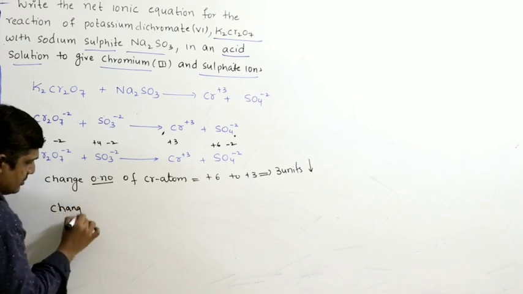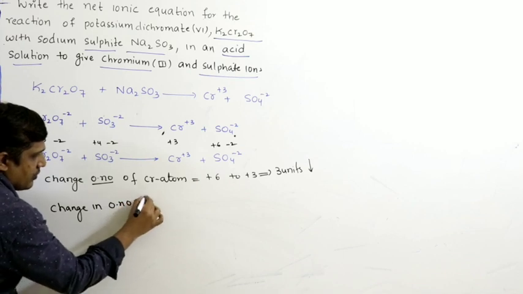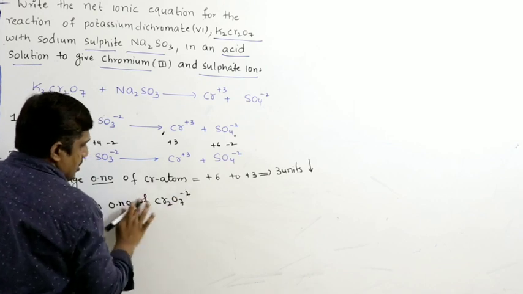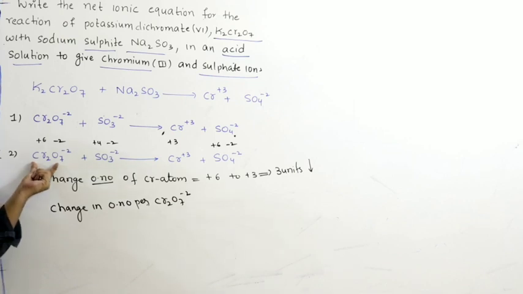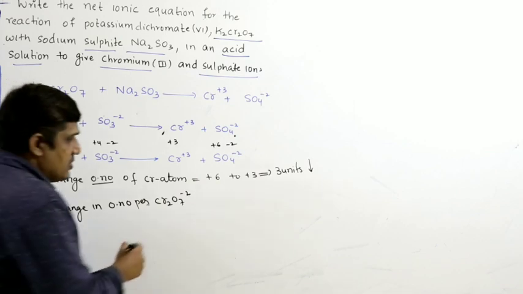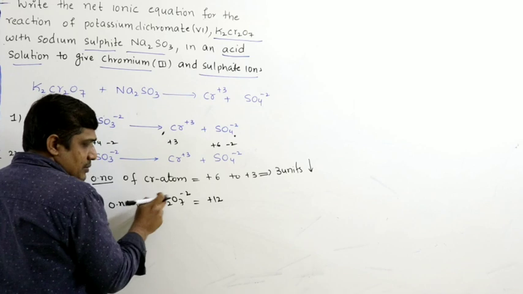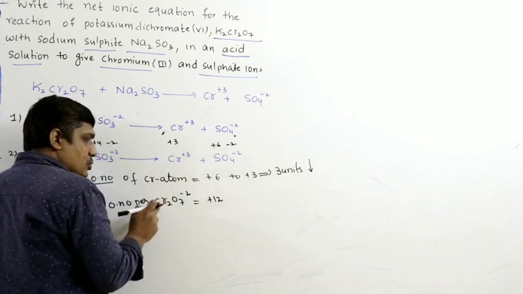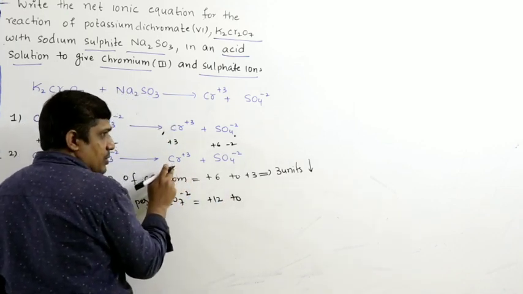Change in oxidation number of the dichromate ion, or per dichromate. In one dichromate ion there are 2 chromiums. Each chromium has an oxidation state of +6, so for 2 chromiums it will be +12 per dichromate. Here you should not consider 1 chromium, you have to consider 2 chromium.